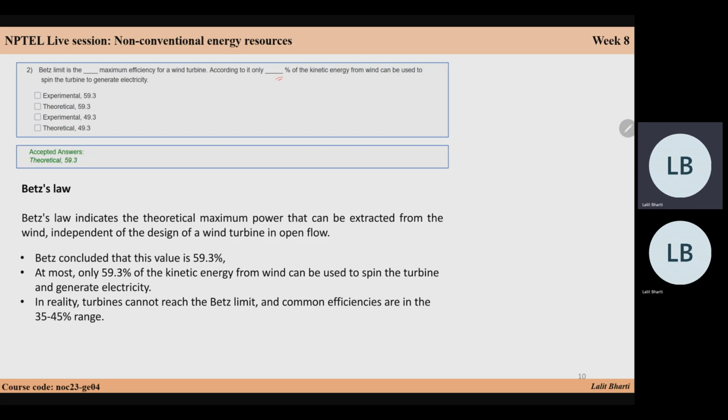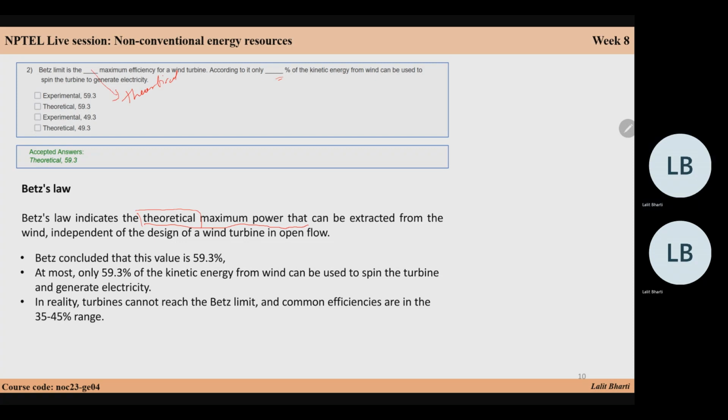From the definition we have already discussed, Betz's law is the maximum theoretical power limit that can be extracted from the wind, independent of its design or flow. This is not the experimental limit, it is the theoretical limit.